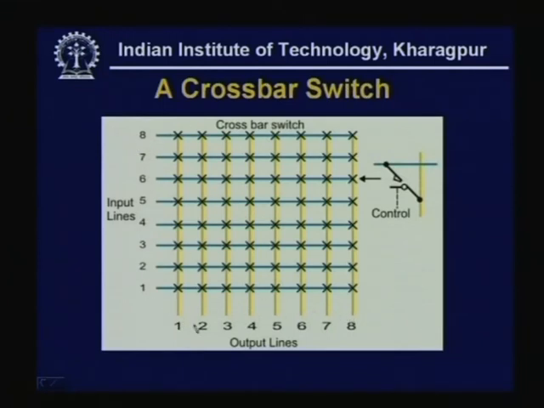These are the input lines and the output lines, and it is organized in the form of a two-dimensional matrix. And at the crossing of each vertical and horizontal line, there is a cross, and at each cross you have got an electromechanical switch or micro switch. It is nothing but a micro switch.